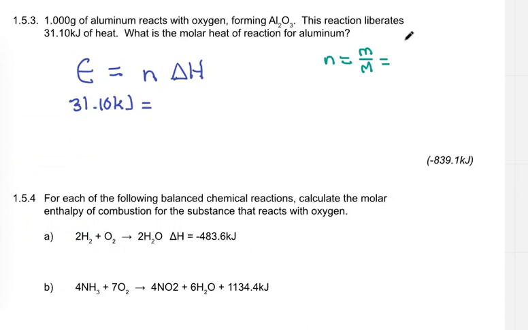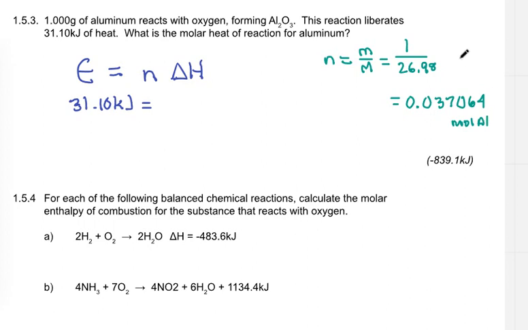So mass 1 gram divided by molar mass 26.98 equals 1 divided by 26.98, 0.037064. That's probably enough.